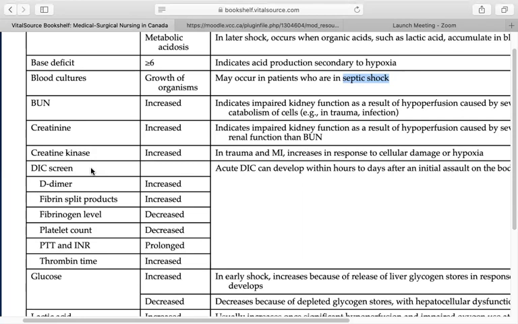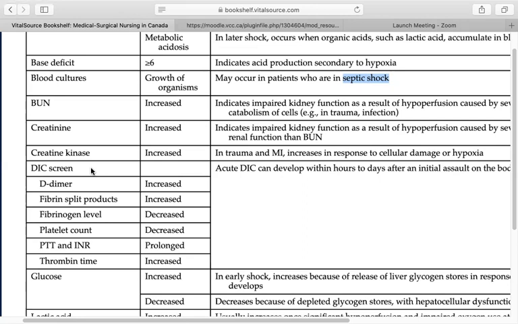What happens in DIC is that you have tons of thrombi forming throughout the body, and you can imagine what kind of issue that causes in terms of clotting, in terms of emboli, in terms of cutting off circulation, risks for PE, risks for stroke, risks for DVT, all that.